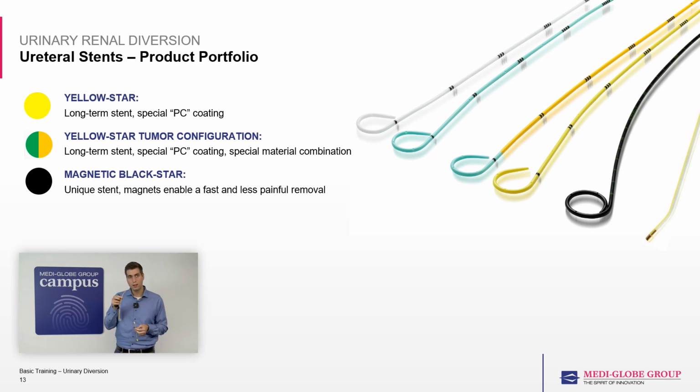And especially for patients that have to deal with tumor growth inside of the urinary tract, there's the so-called Yellow Star tumor stent configuration, which is manufactured with a very, very stable material for the shaft. So there is no compression from the outside due to the tumor growth, and also has a very soft Green Star material for the pigtails for a higher patient comfort.